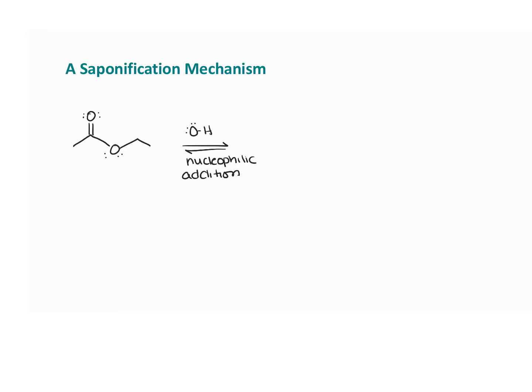Here, this OH is going to come in and attack right there, and those electrons are going to pop back up there. And so we have formed our tetrahedral intermediate.